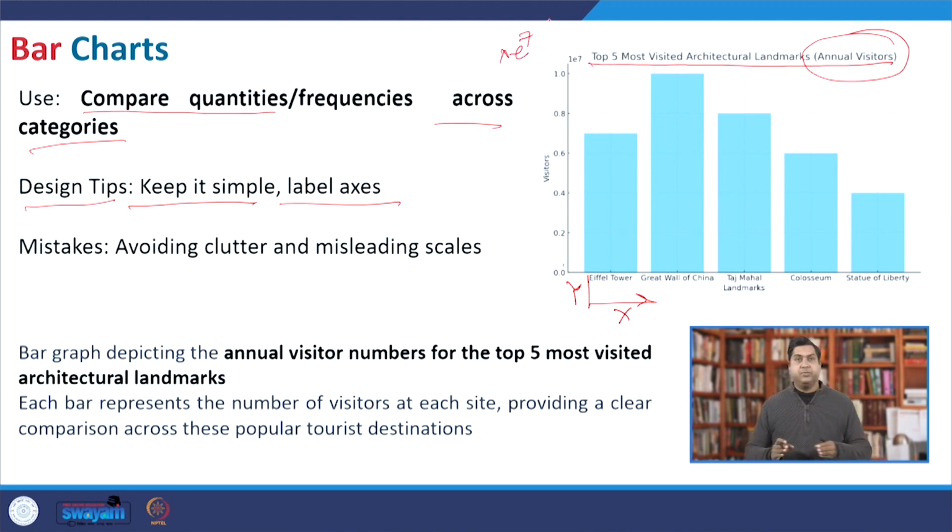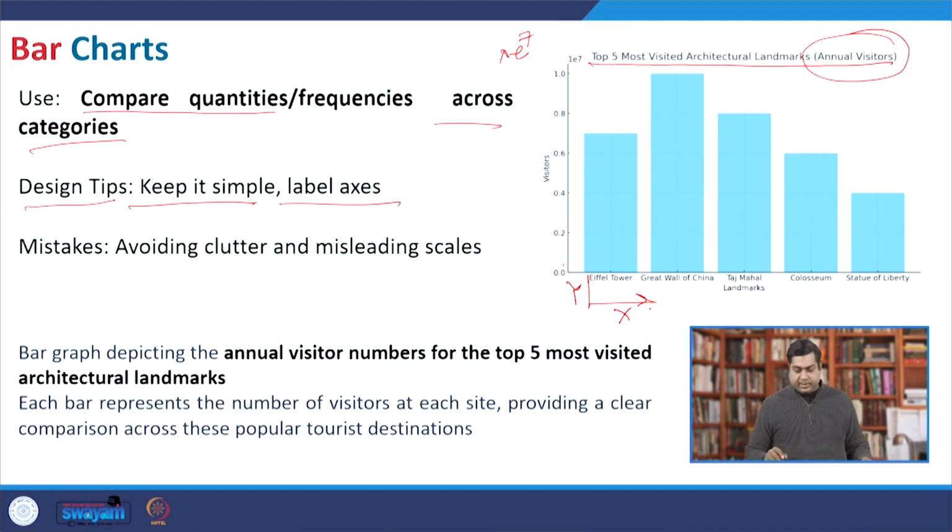In some cases you cannot really represent all these points in actual values. Sometimes it may be in thousands, sometimes in millions, sometimes in lakhs. So, in this case you can always scale that particular axis accordingly.